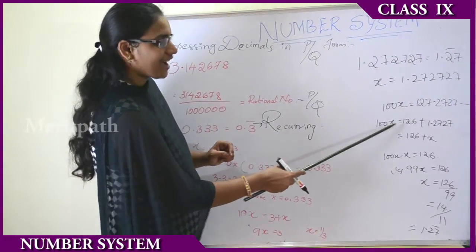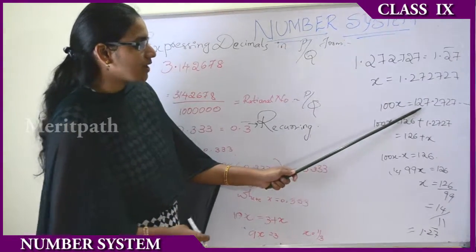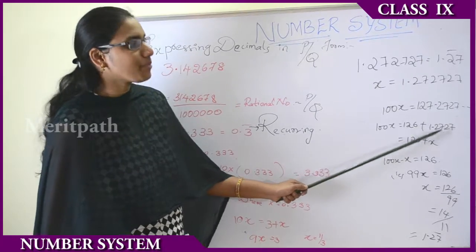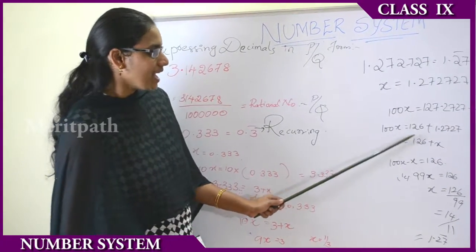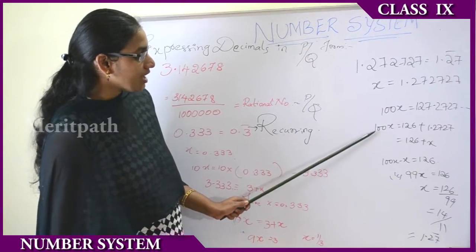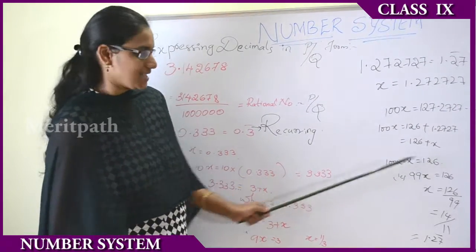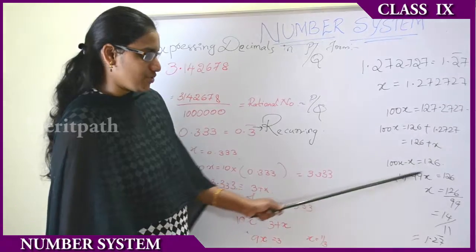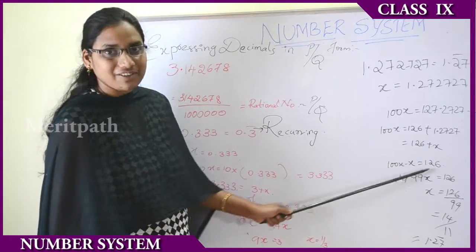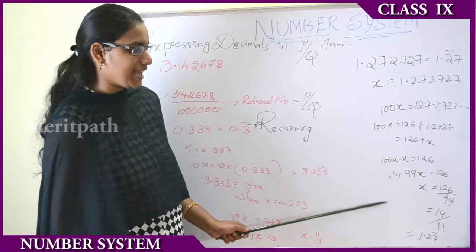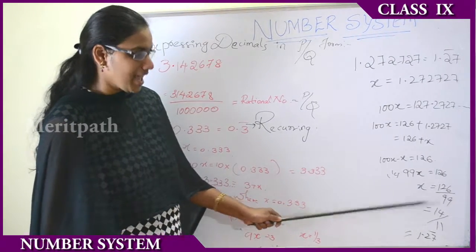Now we can write 127.2727 as 126 plus 1.2727. Am I right? Yes. So 100x equals 126 plus x. 100x minus x equals 126. 99x equals 126. x equals 126 by 99, and x equals 14 by 11.